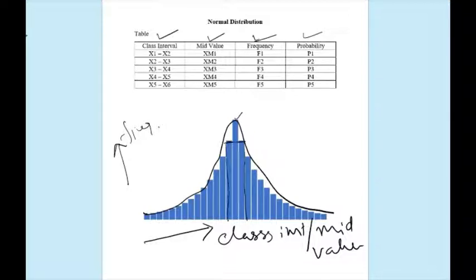The height is same, the area is same, so probabilities and frequencies are same. Likewise, the consecutive histograms to the left side of this middle and the right side of this middle are almost similar.